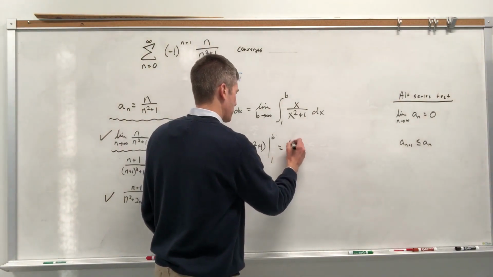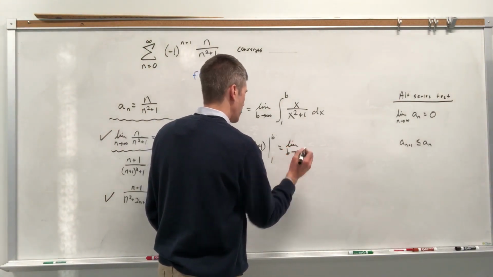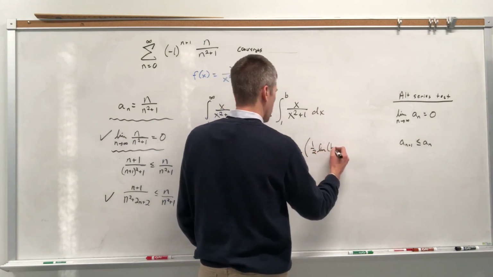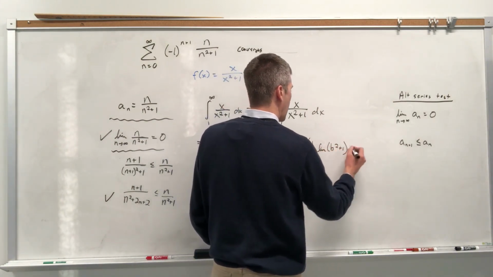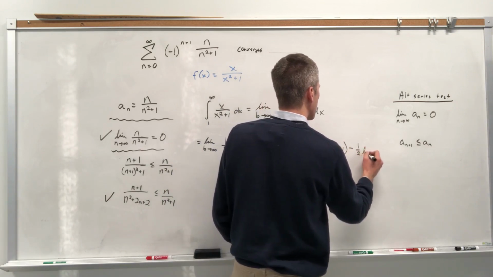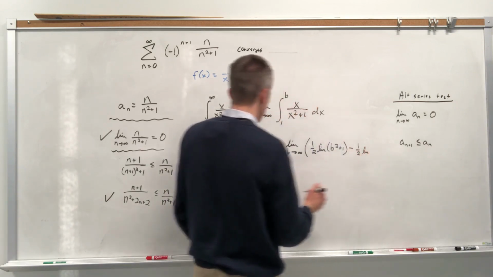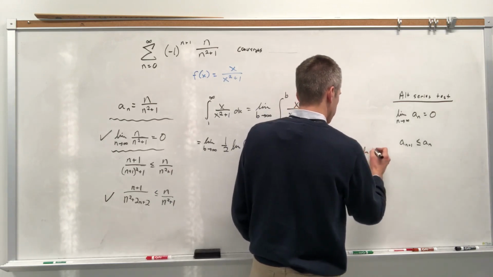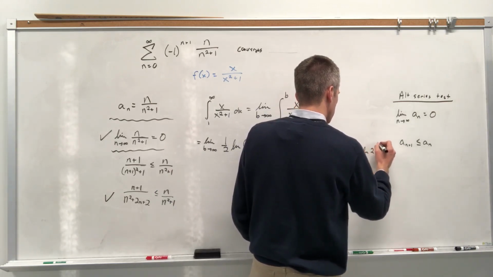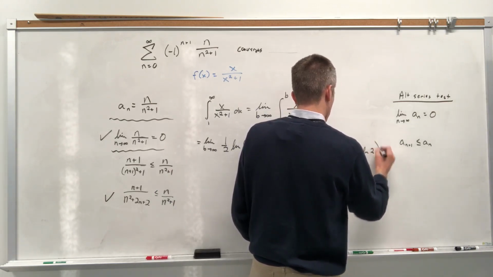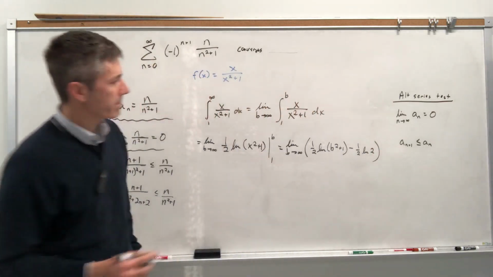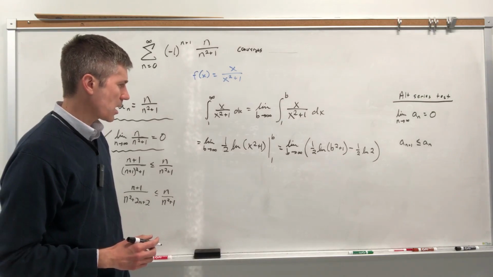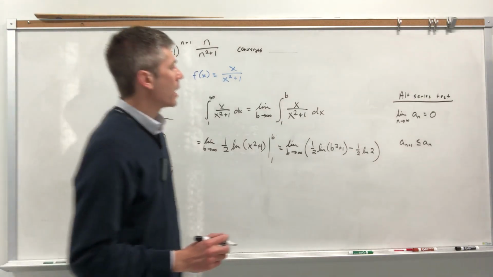Have the limit as b approaches infinity of 1/2 natural log of b squared plus 1, minus what is 1? 1 squared plus 1 is going to give me 2. Natural log of 2. And that's what I have. Okay, here goes. Pausing to make sure I'm right, and I'm right. And we'll move on again.